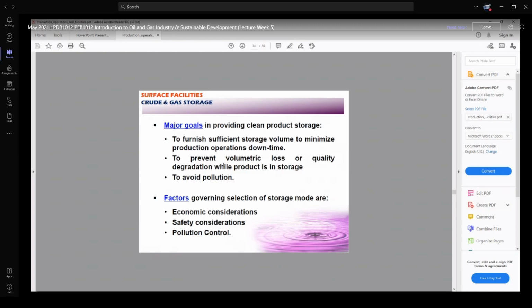So this storage should furnish sufficient storage volume to minimize production operation downtime. Means we should have sufficient oil storage volume to avoid a halt in the production operation. What does this mean? It means we should not stop the production because of a storage issue.